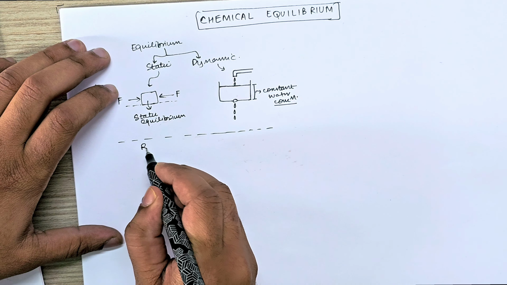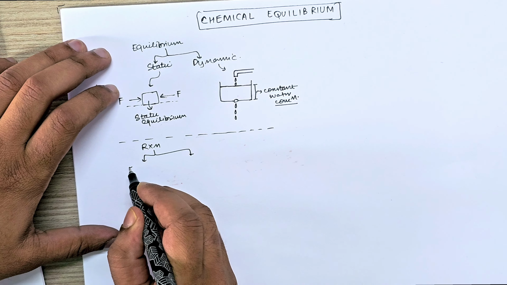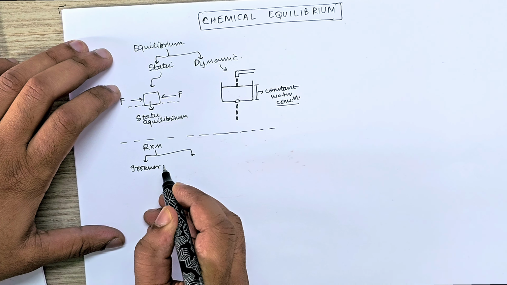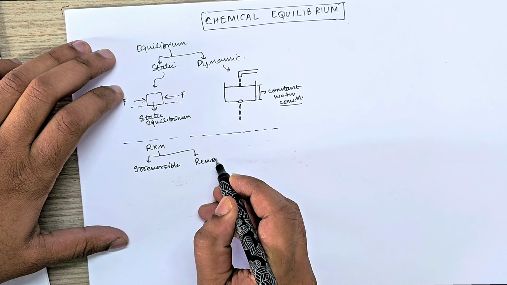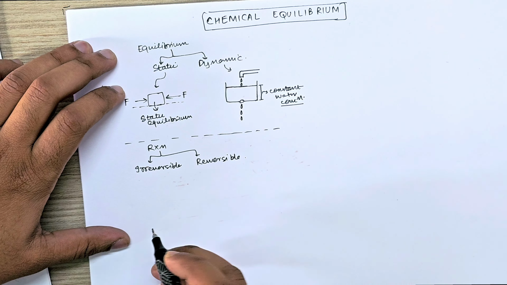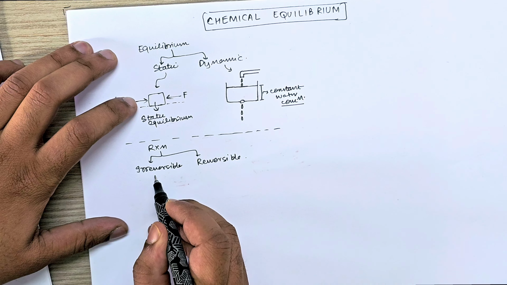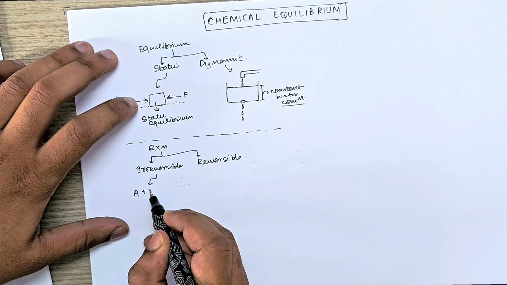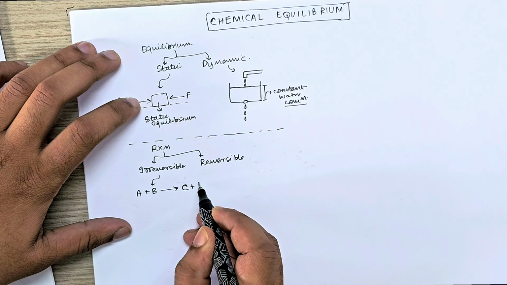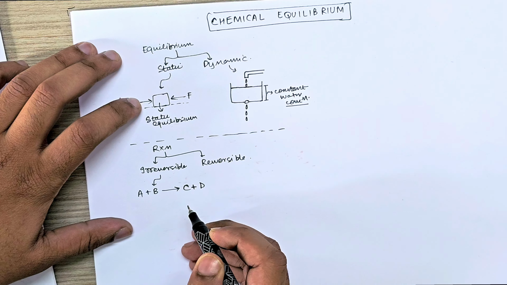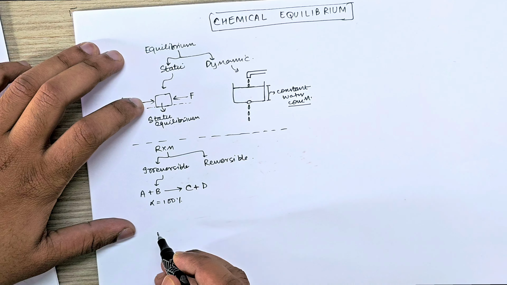So if you consider a reaction, you have two types of reactions, that is irreversible and reversible reactions. When we talk about irreversible reactions, consider a reaction A plus B, where these are reactants, and C plus D. So these are the products, and here the alpha is 100%.